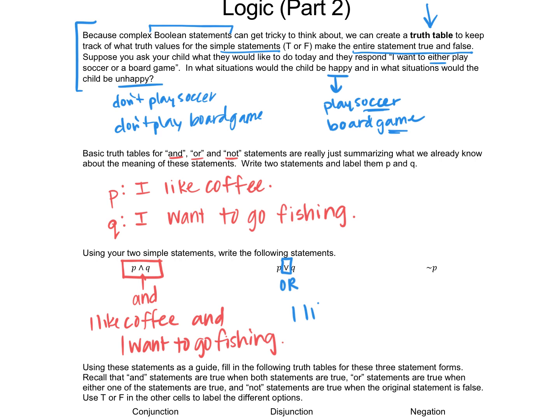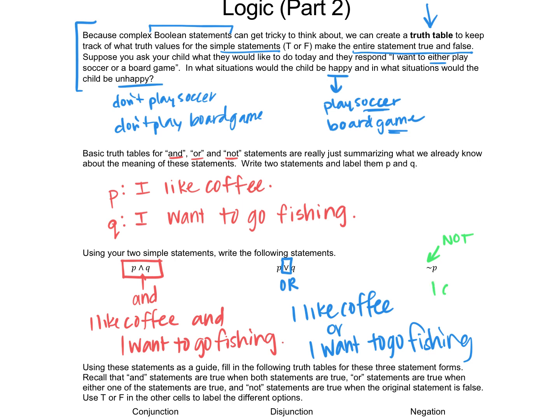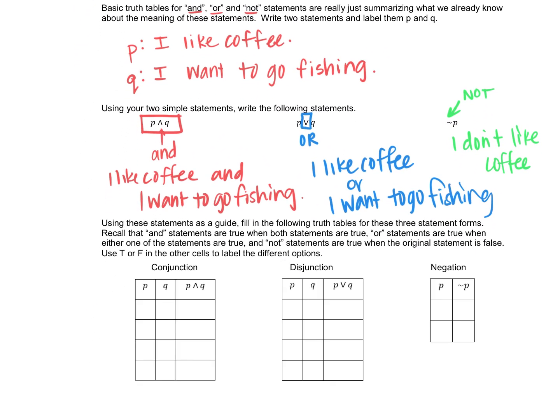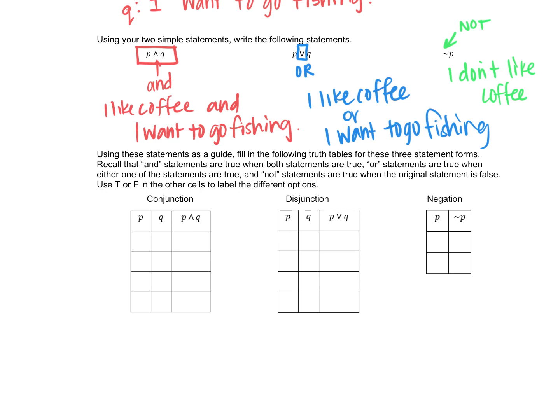So we're going to say I like coffee or I want to go fishing. And then lastly, with our negation here, it means not. So not P would be I don't like coffee. So we're going to use these statements to guide us through these truth tables for those three statement forms, the conjunction, disjunction, and negation.